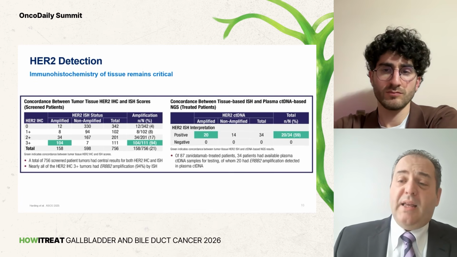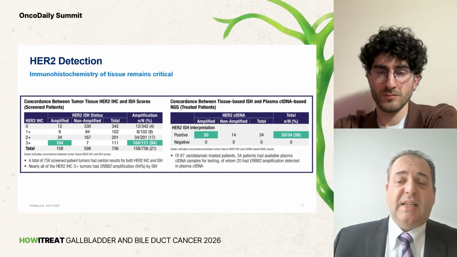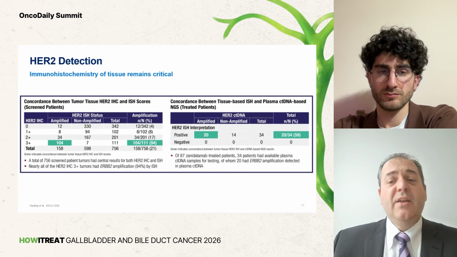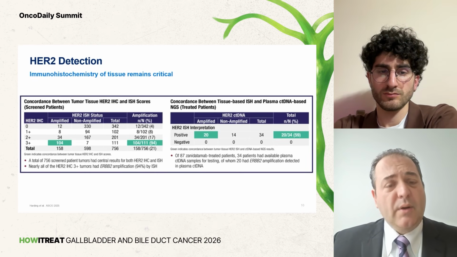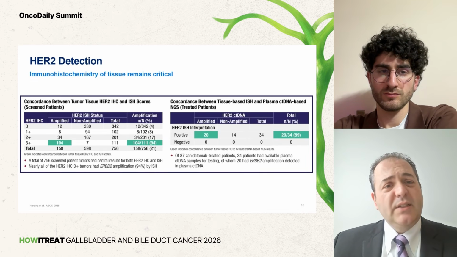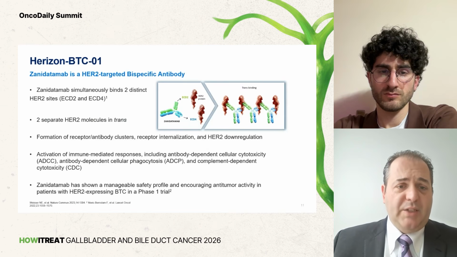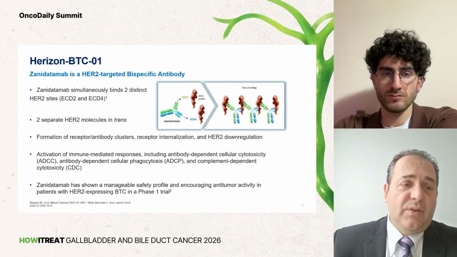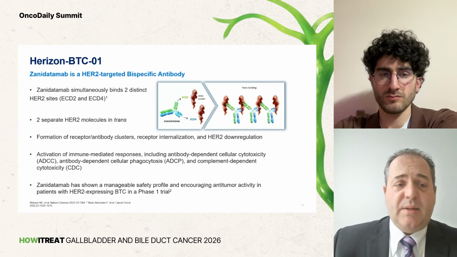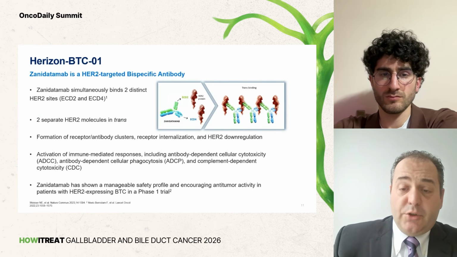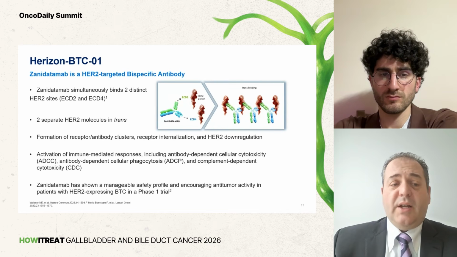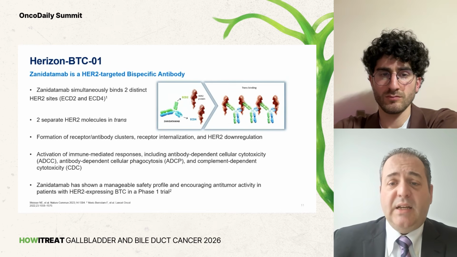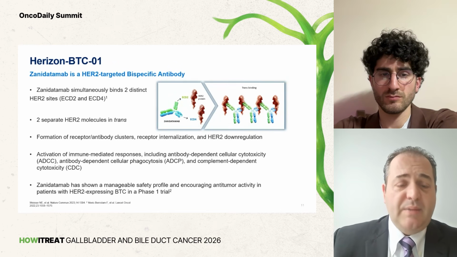And when we look at cell-free DNA-based assays, although this was an older assay, the concordance is even lower. So at this time, we still need to invest in understanding IHC, and that should be done for all patients. And so let's move to Horizon BTC01. This was a pivotal study that evaluated zanidatamab. Zanidatamab is a HER2 bispecific that targets two specific sites on the HER2 protein.